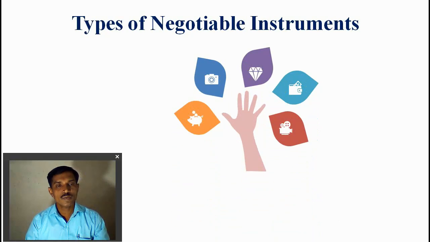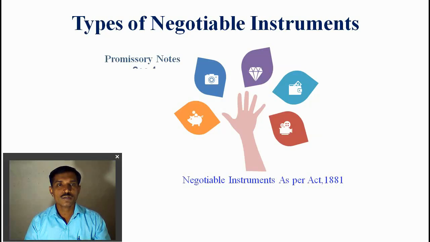Types of negotiable instruments: there are some types we discussed in the earlier lecture. As per the Act 1881, Section 4 is about the promissory note. Section 5 is about the bill of exchange, which we are looking at in today's lecture. The next is Section 6 of the Negotiable Instrument Act 1881, the cheques.